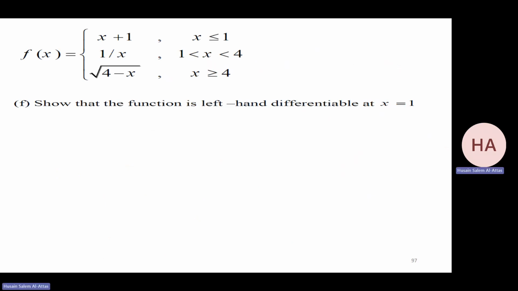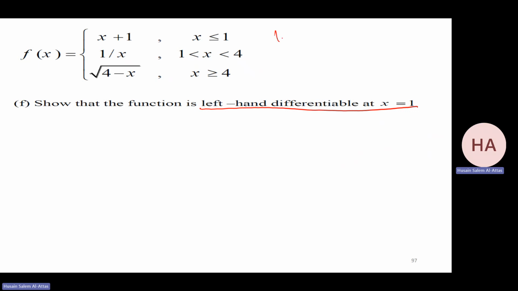Now consider the case where the function is left-hand differentiable at x equals 1. This is a little bit tricky. I want to show you left-hand differentiable. It doesn't say it's differentiable. It's not differentiable. Why is it not differentiable at 1?